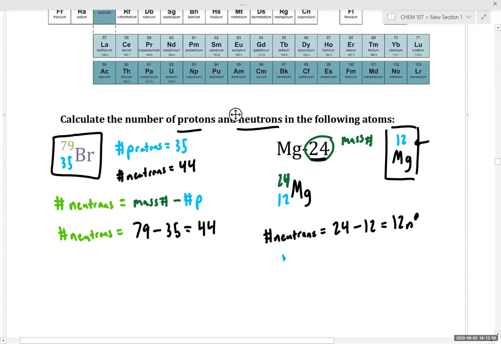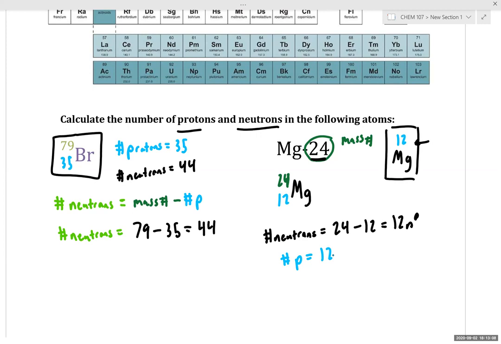From the atomic number, we know that our number of protons is equal to 12. Does this example make sense to everyone? So in this form of isotope notation, the number after the dash is the mass number, which is the total number of protons and neutrons. And we use the mass number to in turn calculate the number of neutrons.